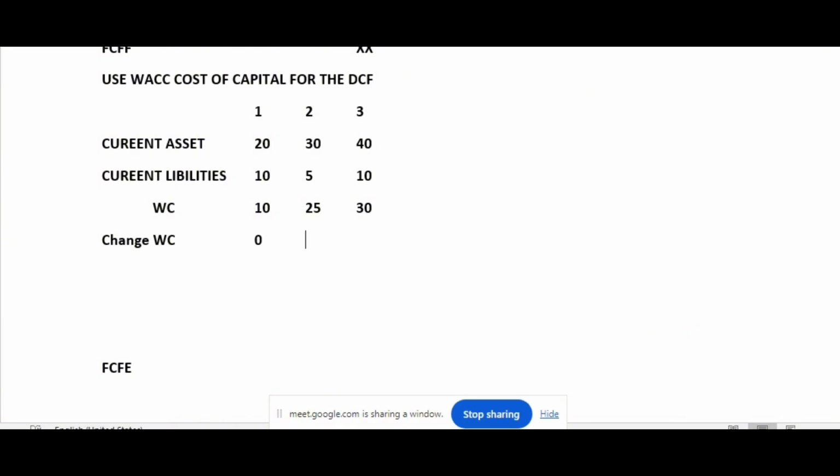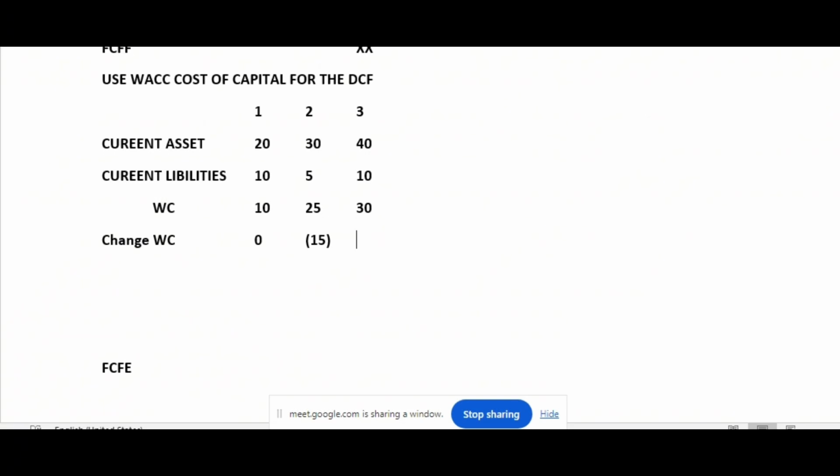Now, the difference between year 1 and year 2, look at it very well. You can see that there is an increase, right? Yes, sir. Class, you see that there is an increase. The increase is 15 naira. You bracket it. Increase in working capital will reduce your cash flow. The next one will be 5.